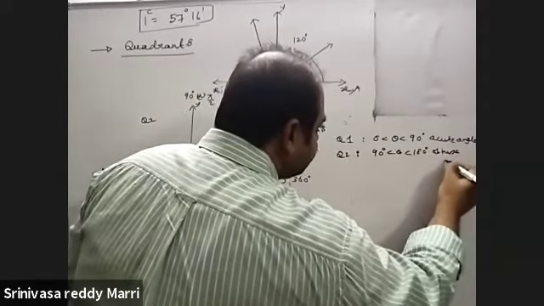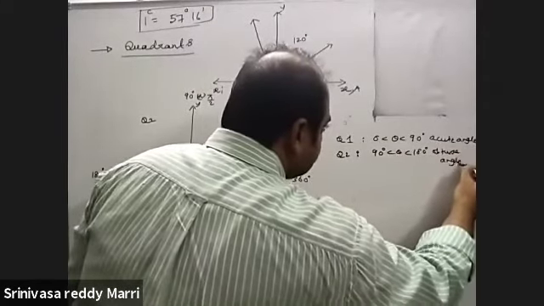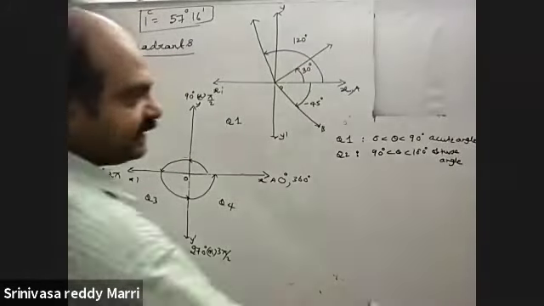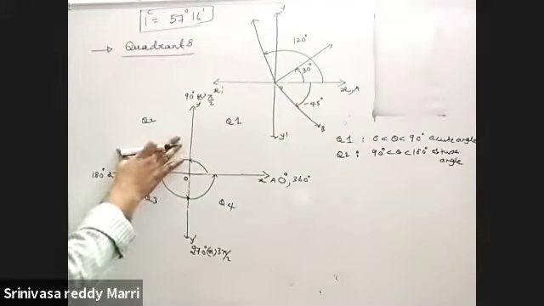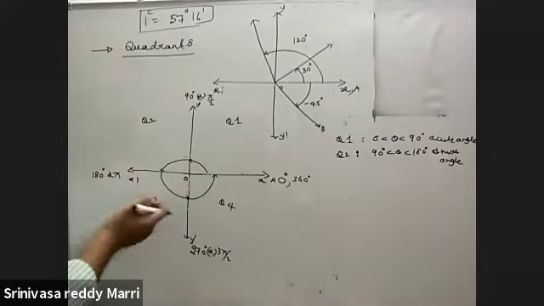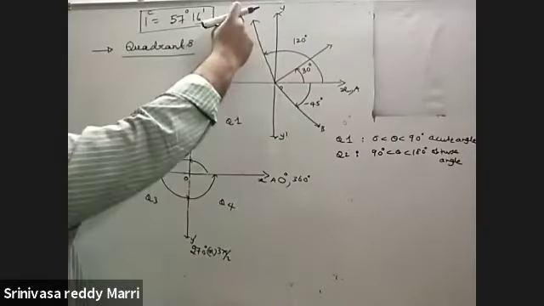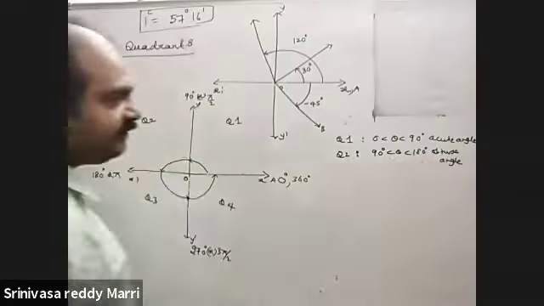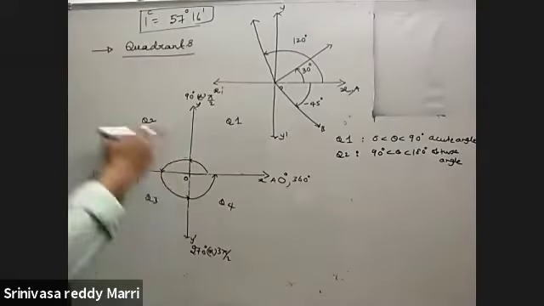This is called an obtuse angle, if the angle is greater than 90 and less than 180. Look here: this ray is 90, this ray is 180. If you want to draw 120 degree, where will it come? In the second quadrant.